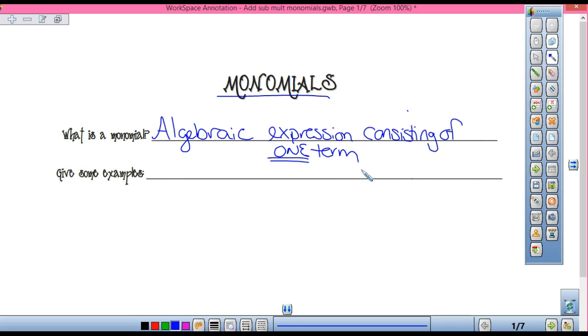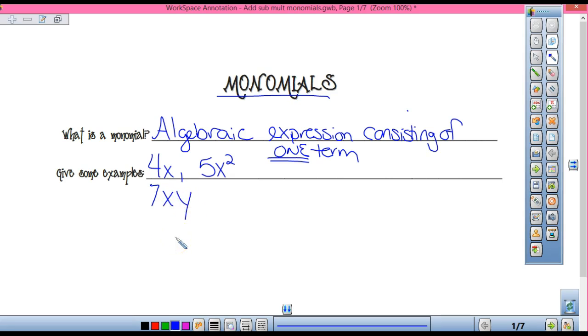Okay? We see monomials all the time. 4x is a monomial. So one term, they're all bunched together by multiplication. That means that it's just one term. 5x squared would be a monomial. 7xy.